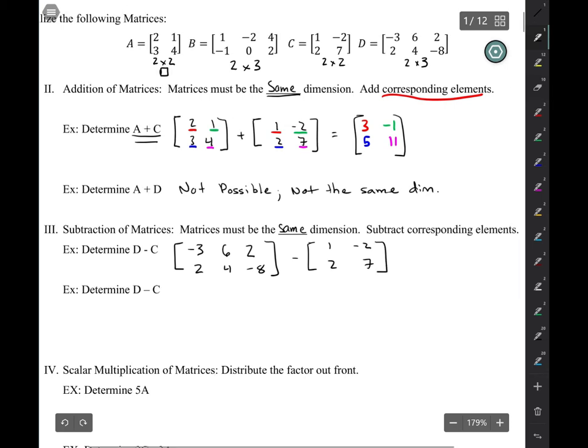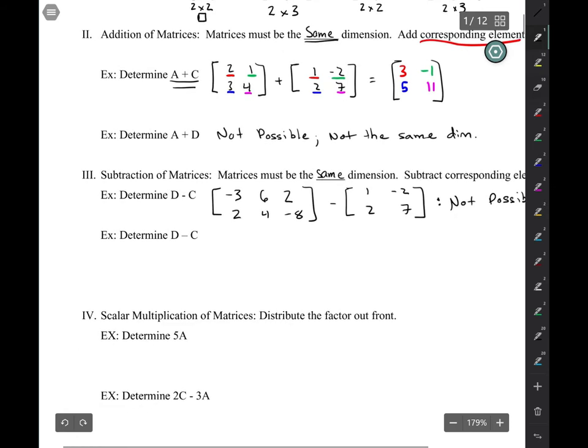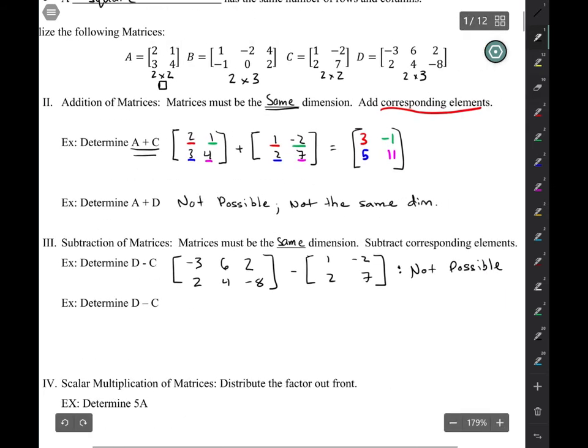If we look at that right away here, well, they are different dimensions, so it is not possible. So curveball there. D minus C, that's the same example. Let's do one that is possible. So let's see. If I need it to be possible, they have to be the same dimensions. So we're going to change this to B.